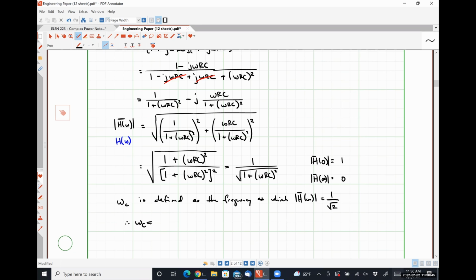Exactly right, 1 over RC. Effectively, we want this quantity to equal 1 over square root of 2, which means we want the denominator to equal the square root of 2, or everything inside the radical to equal 2, which means we want this part over here to look like 1, which is only true when omega is 1 over RC. Surprise, surprise. Our first order circuit depends on the time constant yet again. Who would have thunk it?